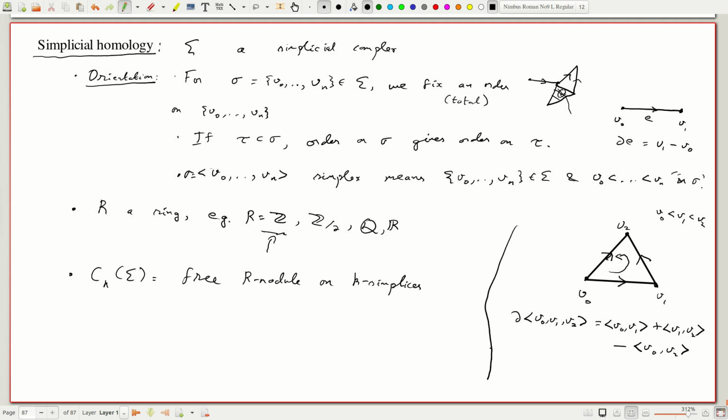This is exactly generalizing the C0 and C1 we took earlier. And we have to define a boundary map. So del k, which maps Ck of sigma to Ck minus 1 of sigma.